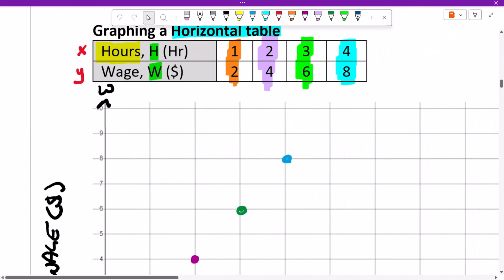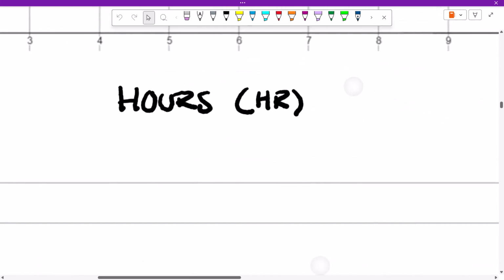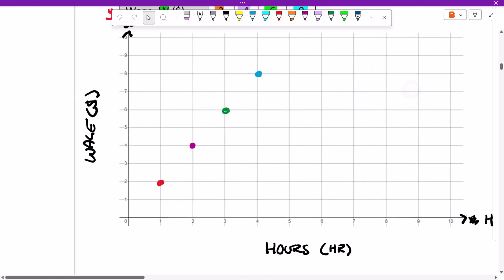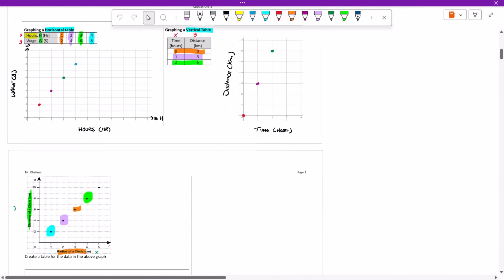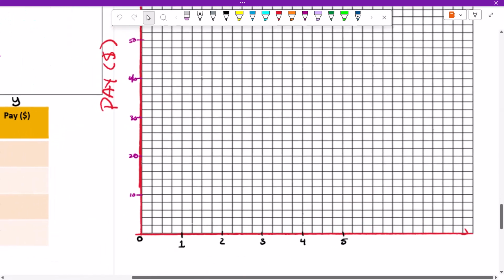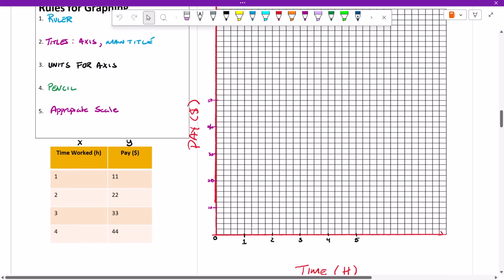You get those from your tables or some other information in your question. So names and units. Make sure your axes are equally spaced. And that's about it. And when we draw our lines, we use pencils and straight edges so we get a nice straight line.